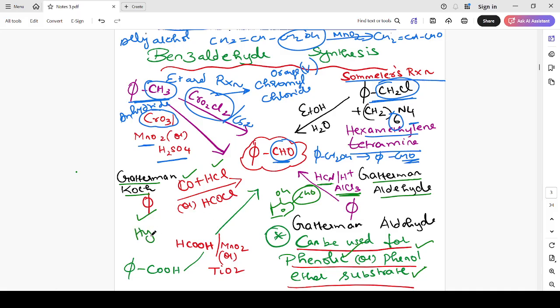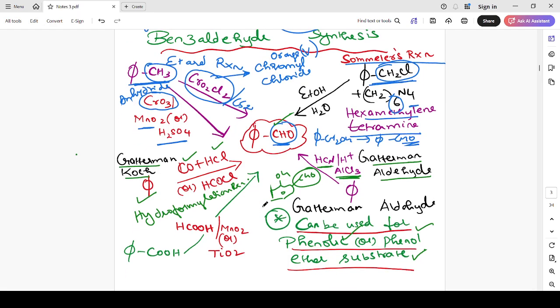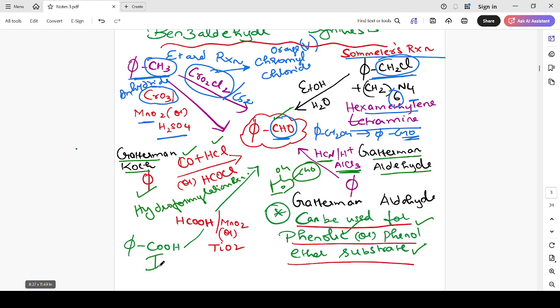The reaction is called hydroformylation reaction, where an aldehydic unit is attached to the benzene. This is an industrial method of preparation of benzaldehyde here.